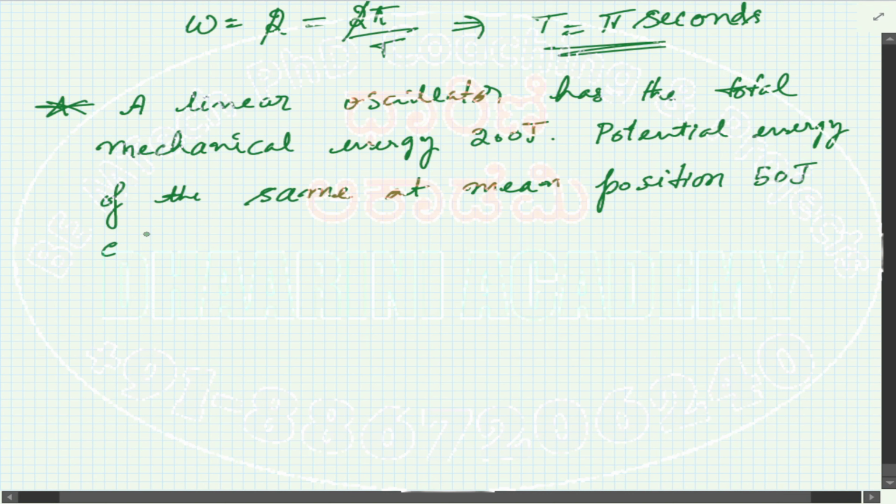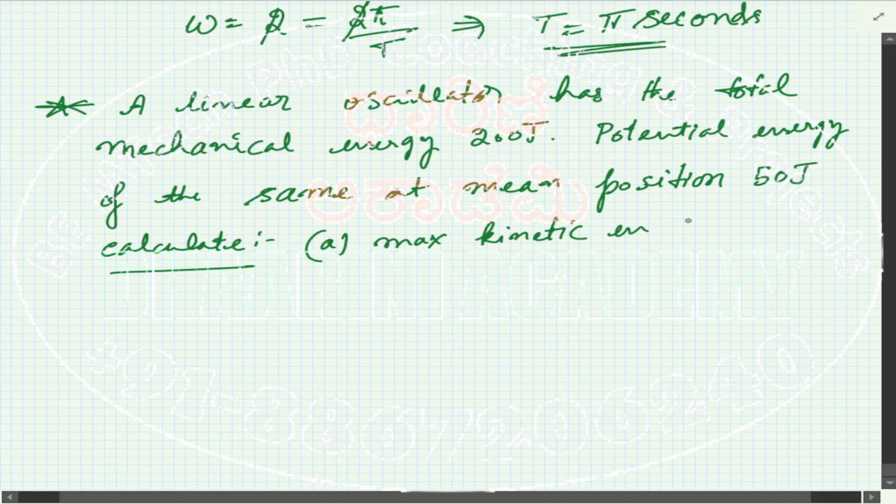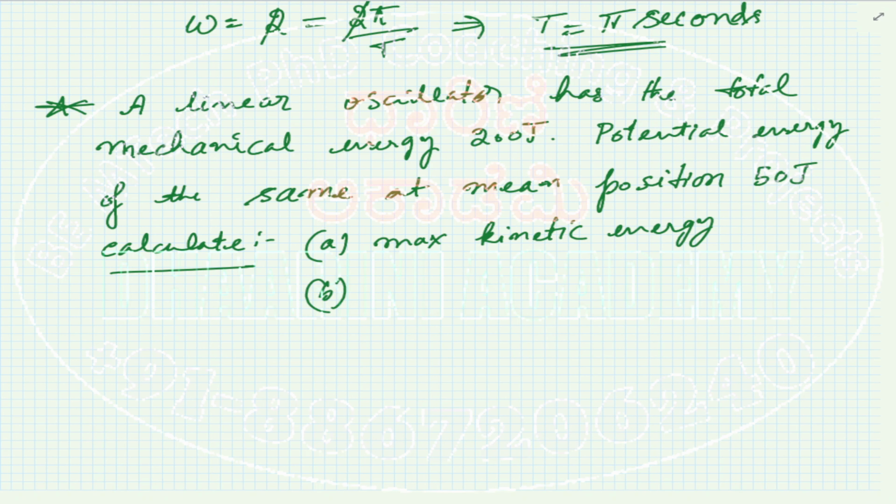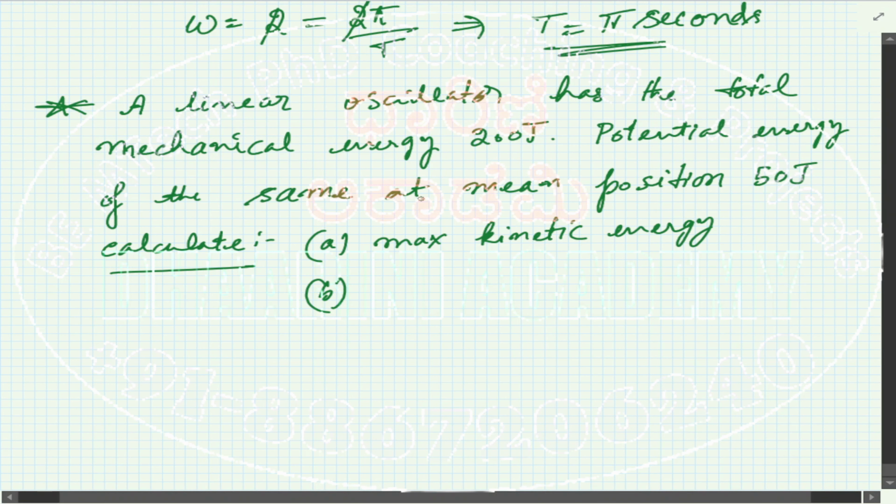So the question is to calculate the following. Part A of the question is the maximum kinetic energy. Then part B of the question is the minimum potential energy.